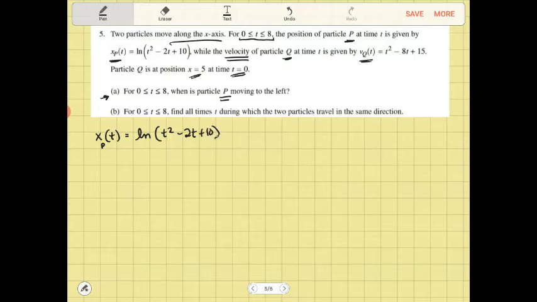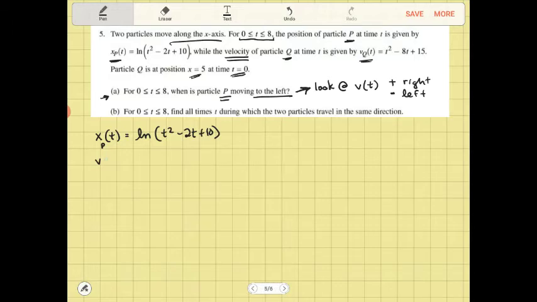And when they ask for the direction of motion, we always look at velocity, especially if it's in one dimension, because your velocity will tell you if you're going in the positive direction, which in this case, that'll be to the right if it's positive, or the negative direction, which in this case will be moving to the left.